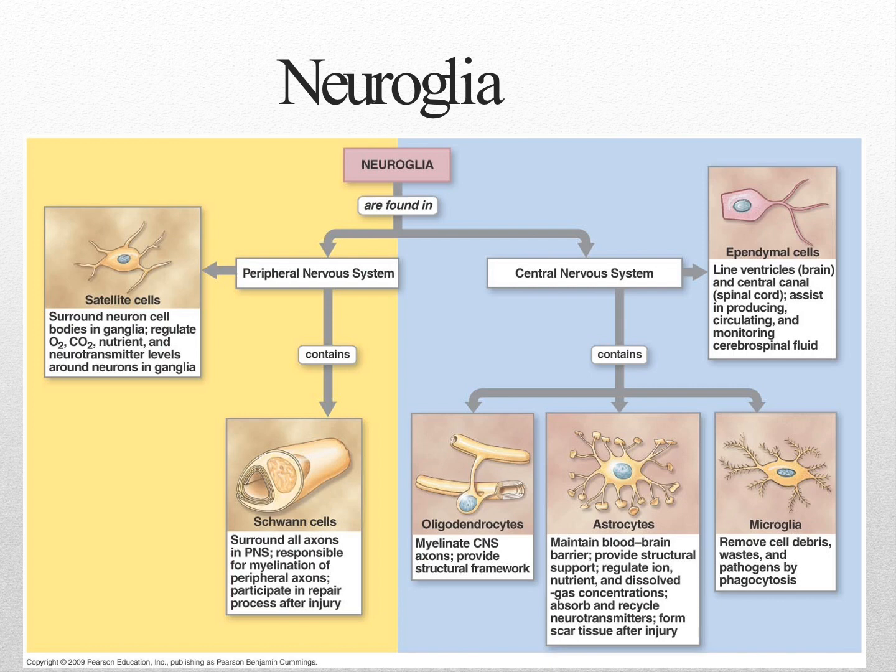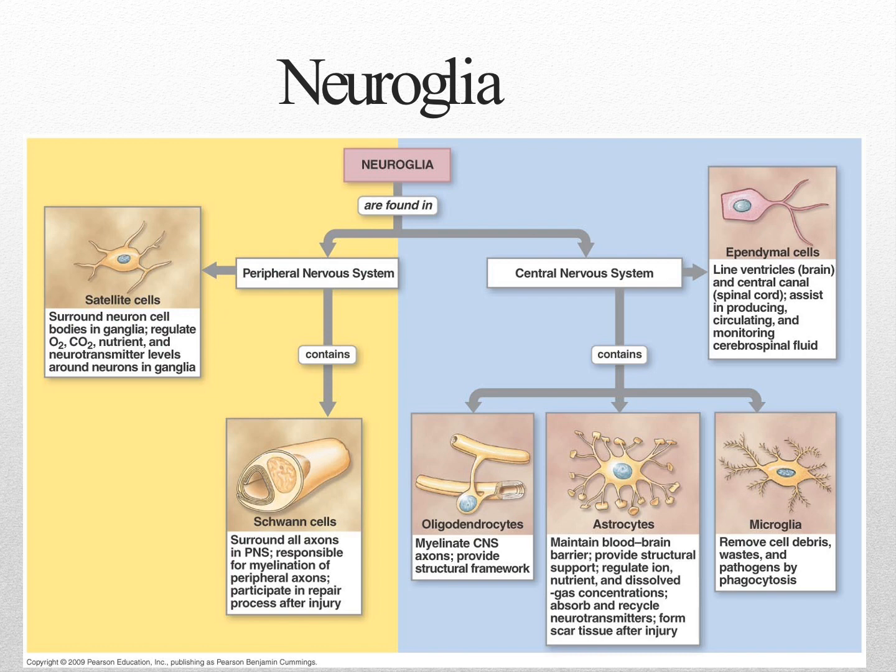Oligodendrocyte. Then we're going to have the astrocyte. The astrocyte kind of looks like a star, and they have little feet attached. It's a cell, so it has a nucleus, of course. It's going to help maintain what's called the BBB, or blood-brain barrier, provides structural support, and regulates nutrient and ion concentrations.